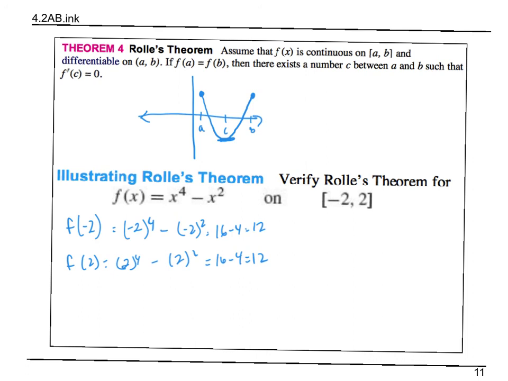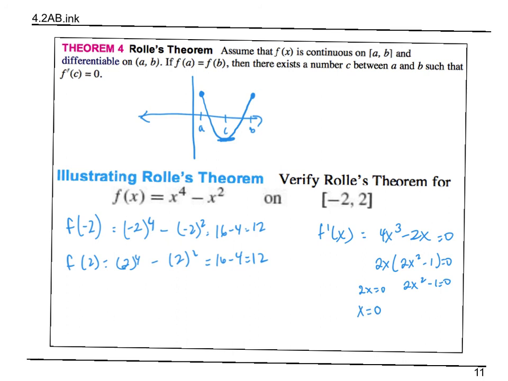Okay, so now I'm going to go to my derivative and show that the derivative is 4x cubed minus 2x, setting that equal to 0. And solving, what I'm looking for is that 0 between -2 and 2.